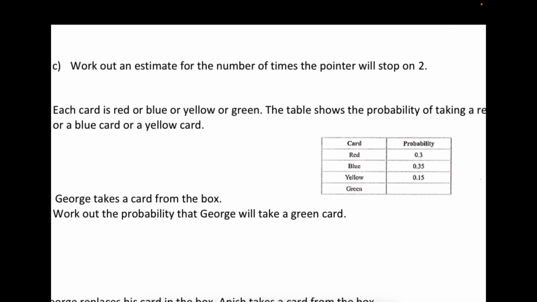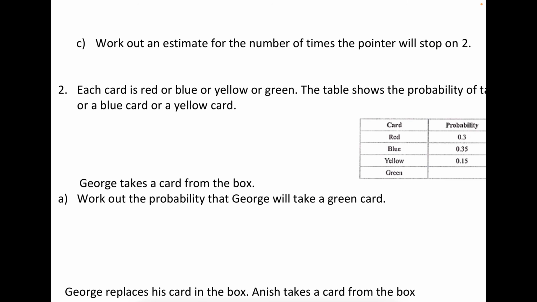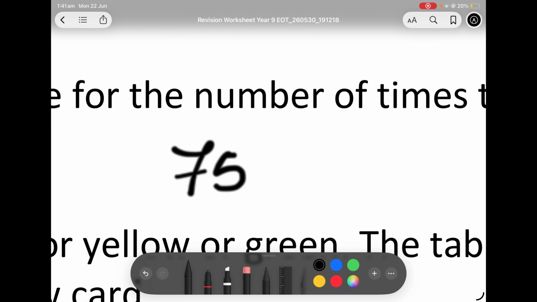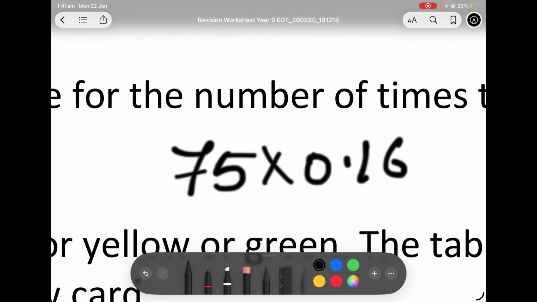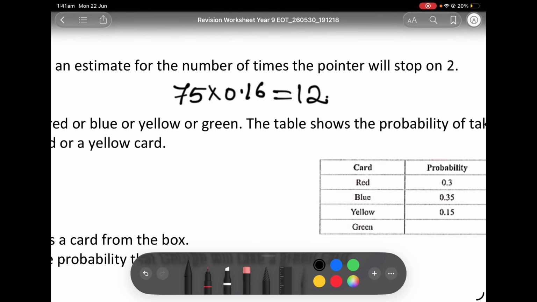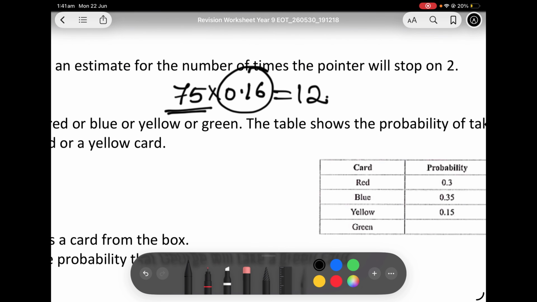The probability of 2 is 0.16, and because he's doing it 75 times, you do 75 times 0.16. Why are we doing it? It is the probability of 1 time multiplied by 75 times, so I get the complete expected number.